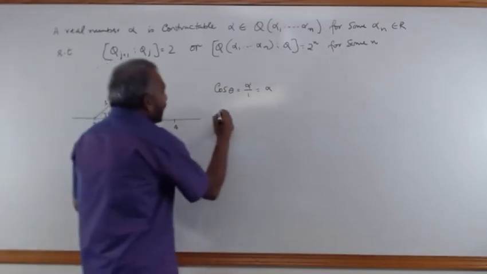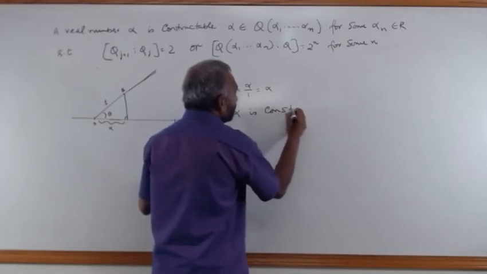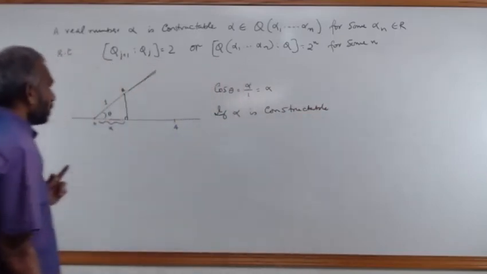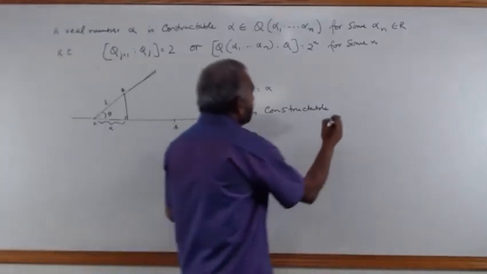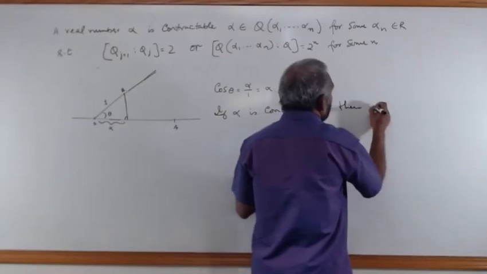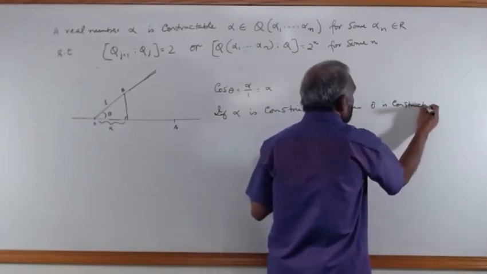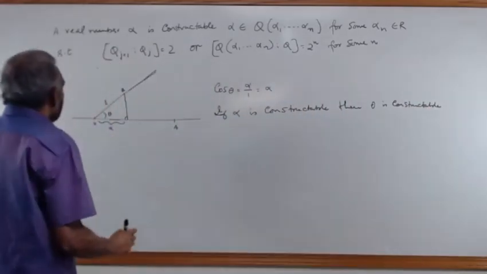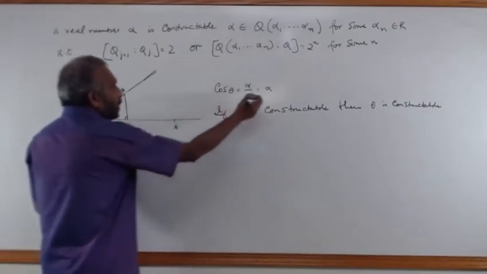So if alpha is constructible, then theta is constructible, because cos theta is equal to alpha.